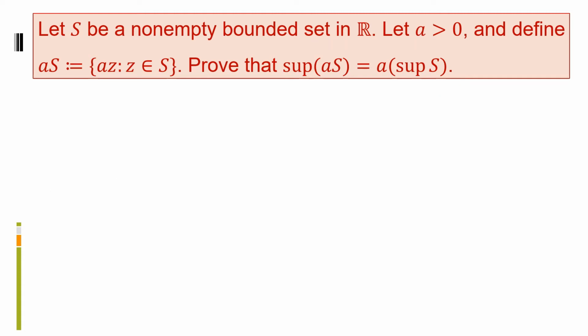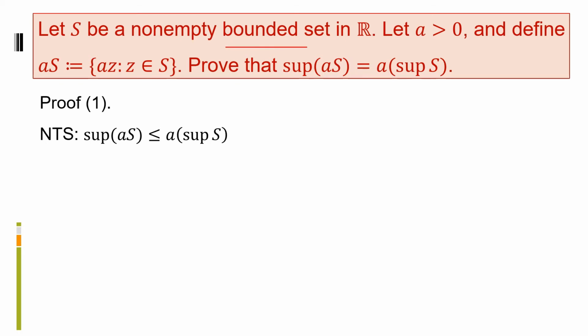So for the proof of the first, we need to show that the supremum of AS is less than or equal to A times the supremum of S. So since bounded yung ating set S, this means na meron siyang supremum. Okay?